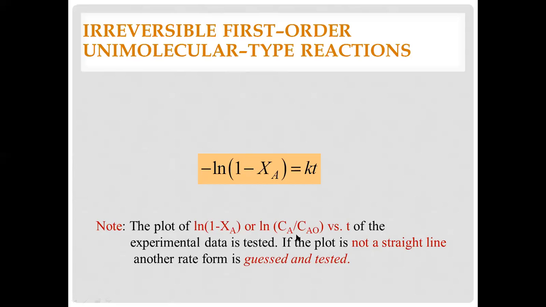So if we go back to our slide, this is now the one that you have. Negative ln of quantity 1 minus Xa is equal to Kt.